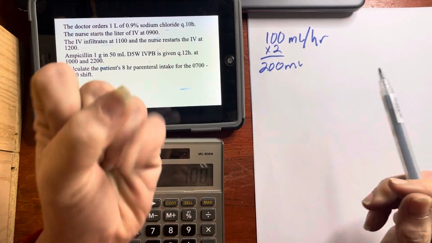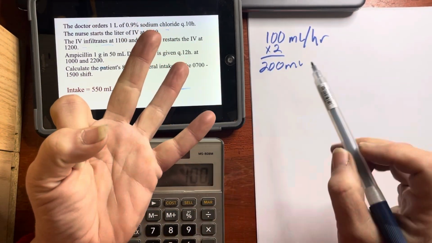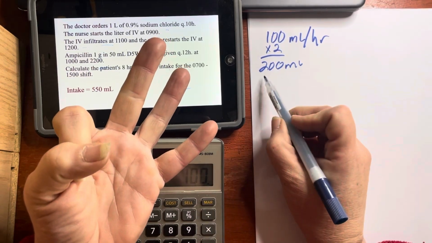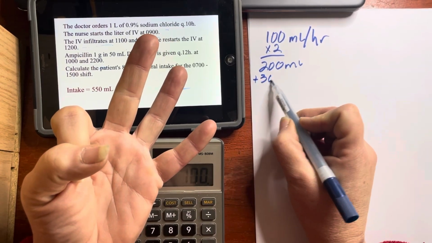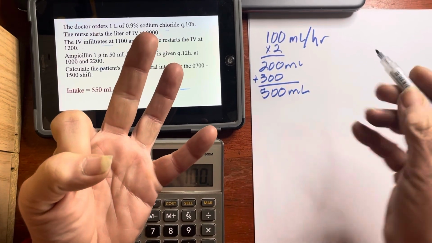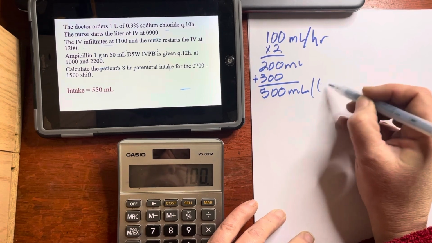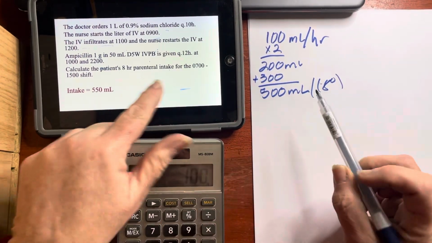So 12 to 1, 1 to 2, 2 to 3. It was going at 100 for 3 more hours. So I'm going to add 300, and it'll be 500 milliliters total that he got in 8 hours.